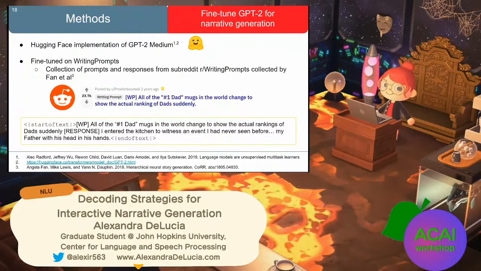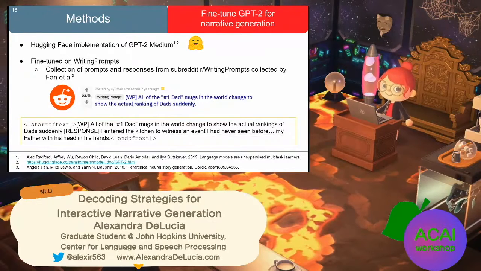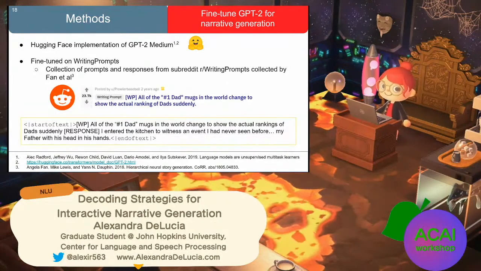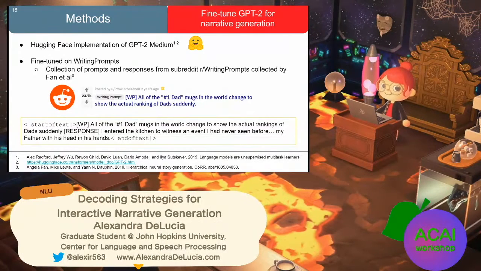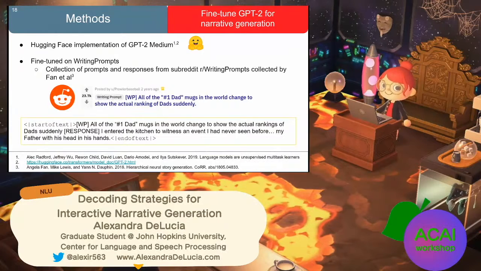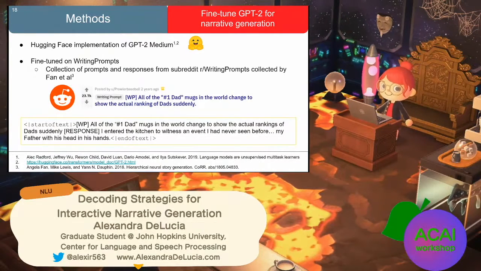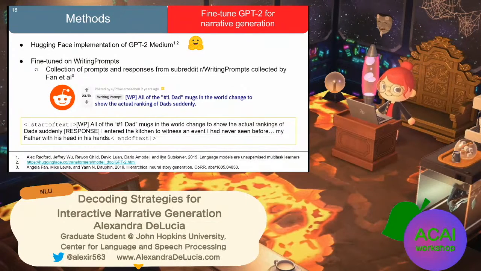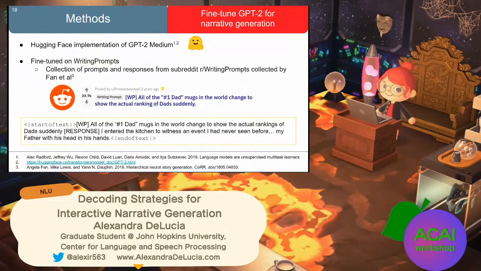Writing prompts is a collection of prompts and responses from the creative writing subreddit community. As input, we use the standard start and end tokens and 2 new special tokens to identify the prompt and response. These are WP and response tokens, respectively.